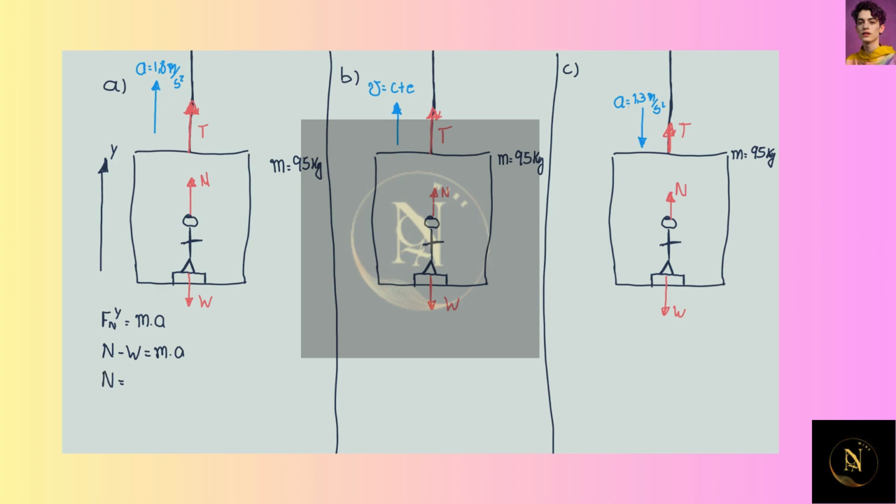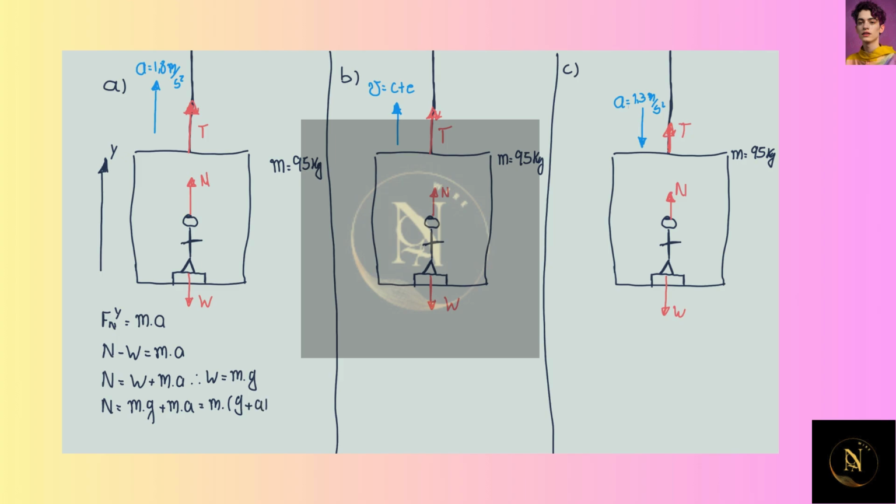So the normal force is given by the weight force plus m times a. Remember that the weight force is given by m times g, so the normal force is given by m times g plus m times a. So we can factor out m to get m times (g plus a).